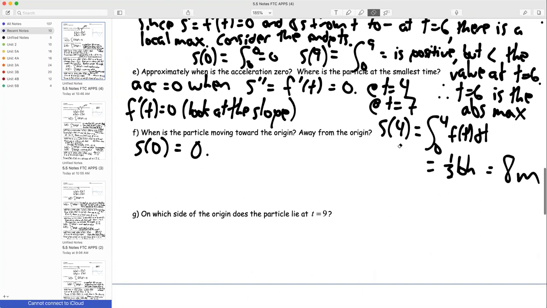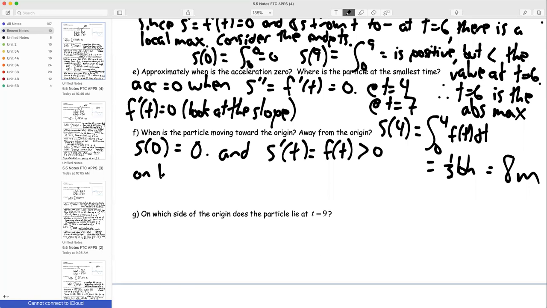So I know that it starts at the origin and S prime of t, which is equal to f of t, is greater than 0 on the interval from 0 to 6.